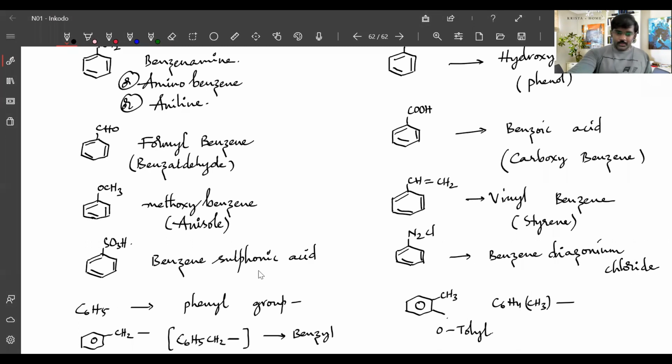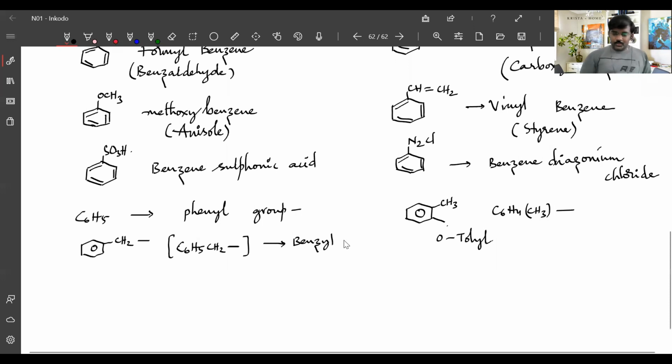I'll tell you some examples related to these groups. Suppose I have a compound like this: a benzene ring with CH2COOH. Now the benzene ring won't be the parent chain, because the functional group is here, that will be the first carbon, and there are two carbons on the chain.